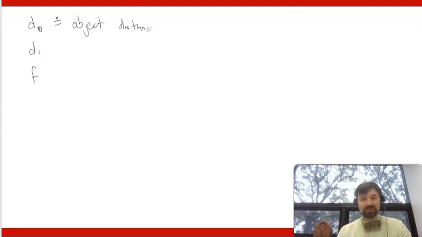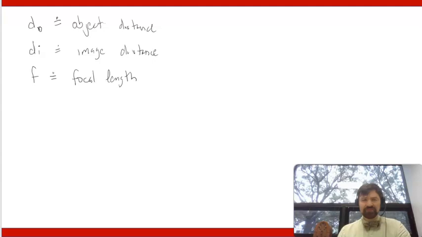Essentially, this is the distance between the object that you're using the lens to image and the lens itself. DI we're going to use to represent image distance. So this is, again, the distance between the image being formed by the lens and the lens. And F is what's called the focal length of the lens.